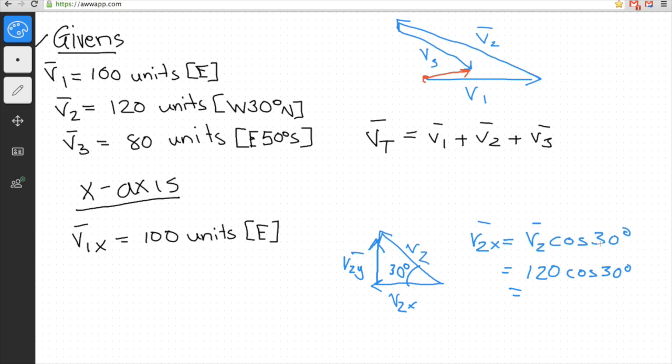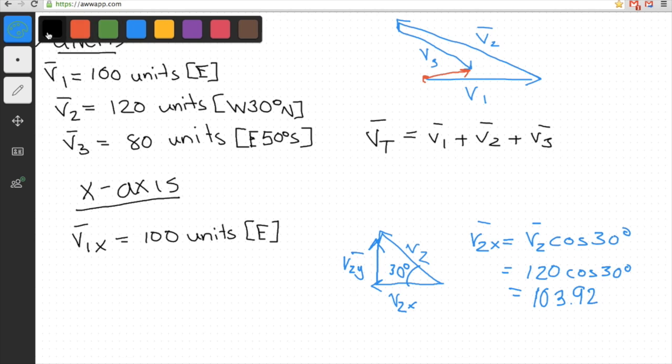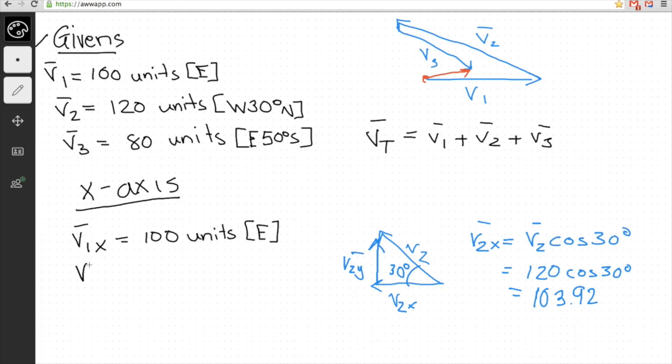The cos of 30 times 120 gives us 103.92. And if we go over here and write that underneath our x-axis, we can put that as our magnitude.